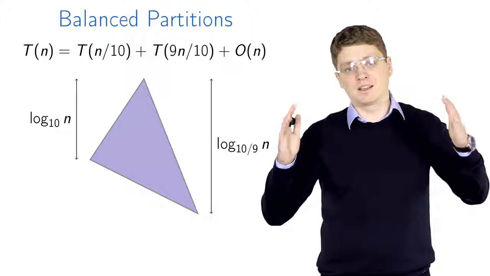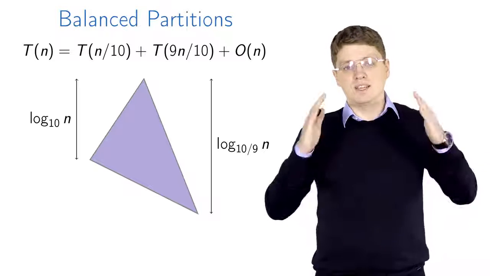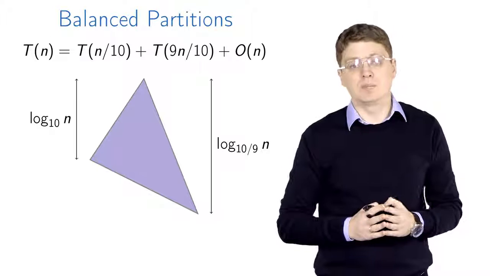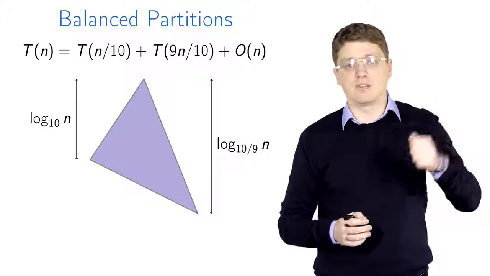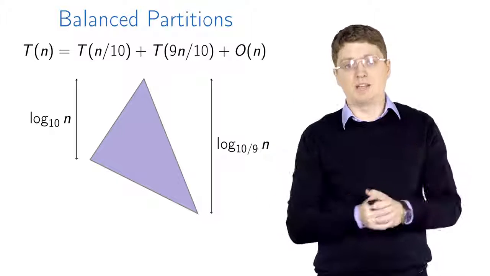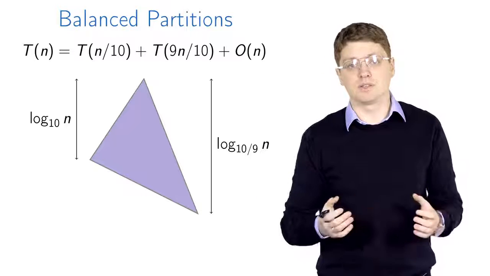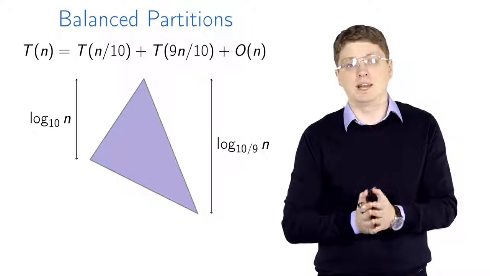Well, let's again consider the recursion tree of our algorithm. In this case, it is not balanced, right? Because when we go to the left branch, we reduce the size of the current subproblem by a factor of 10, and when we go to the right branch, we reduce the size of the current subproblem only by a factor of 10 divided by 9.